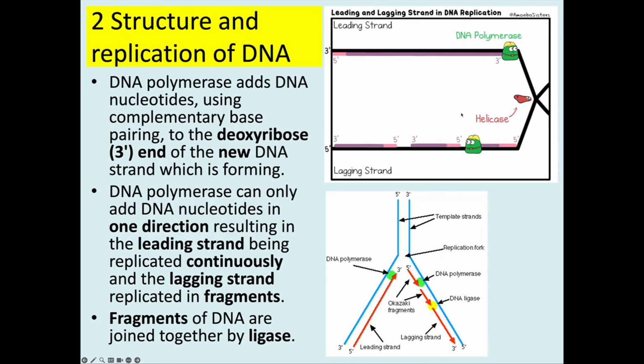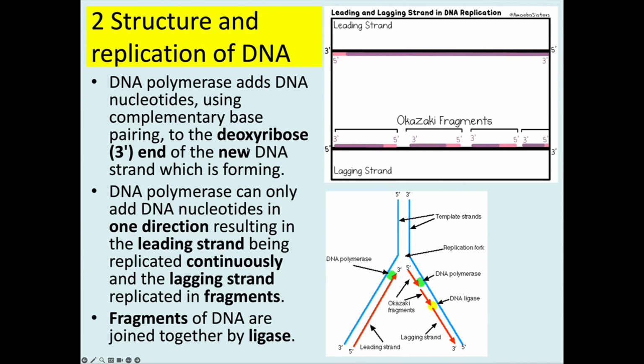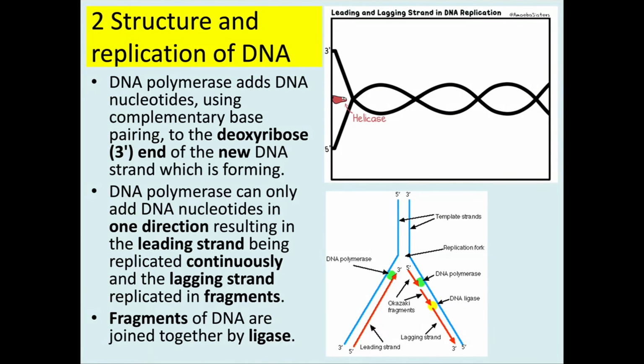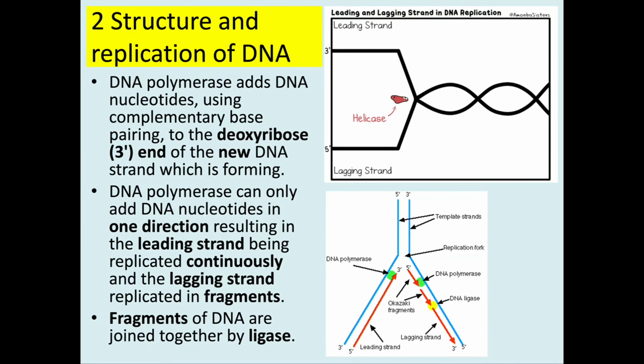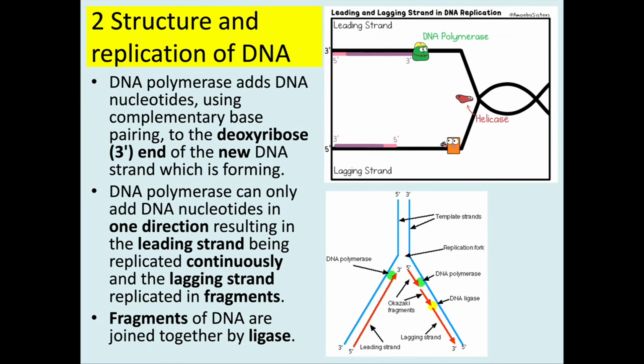Continuous replication for this strand, fragment replication for this strand over here. Okay, and the reason for that, and this is important because they do ask about this in the exam, is that DNA polymerase only adds the DNA nucleotides to the deoxyribose or the 3' end of the new DNA strand which is forming. Okay, so therefore it's going to be replicated in fragments.